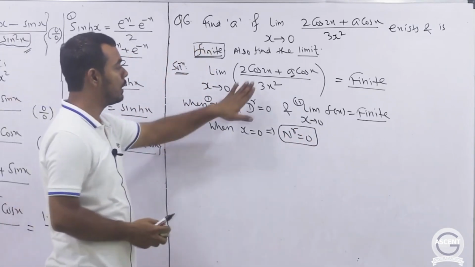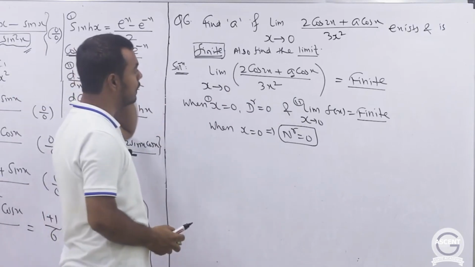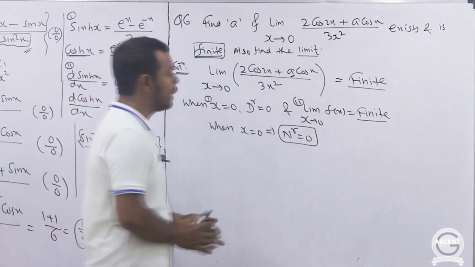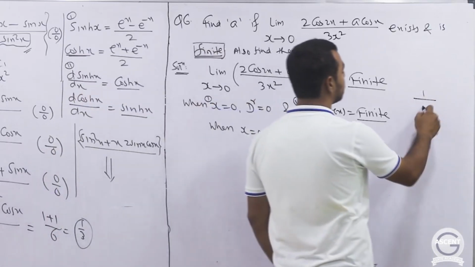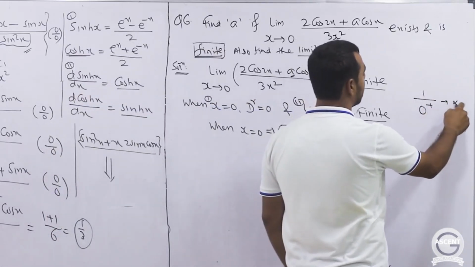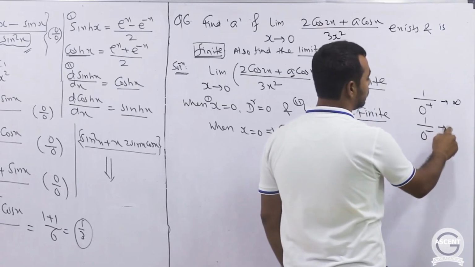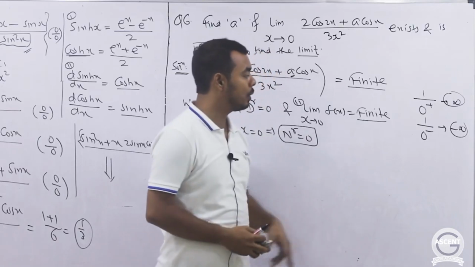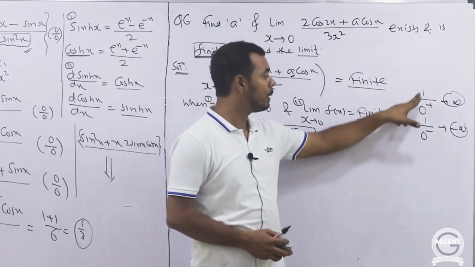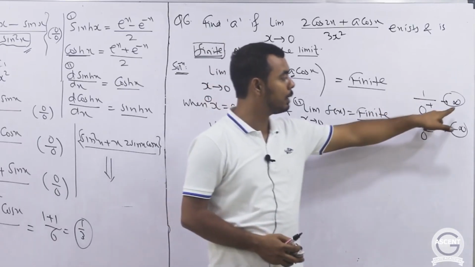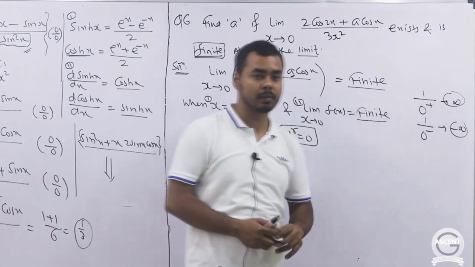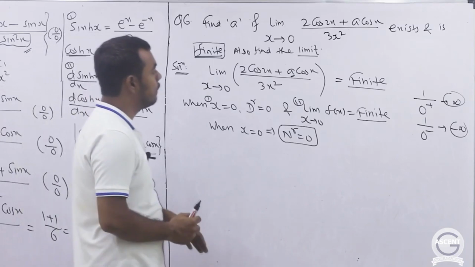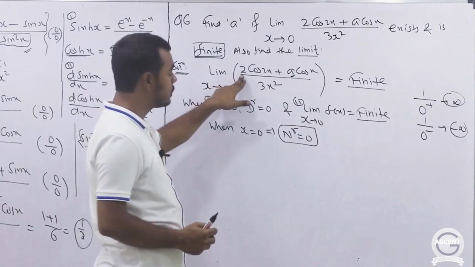If the numerator is non-zero, then you will get some non-zero number divided by 0, and we all know that 1 by 0 plus becomes plus infinity, and 1 by 0 minus becomes minus infinity. But in any case, if the denominator is 0 and the numerator is some finite number, then the limit will be plus infinity or minus infinity. So the limit will be finite only when the numerator is also 0.